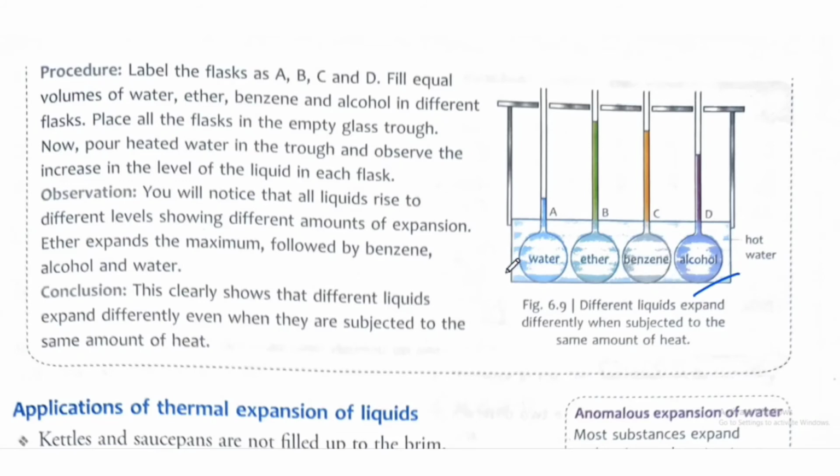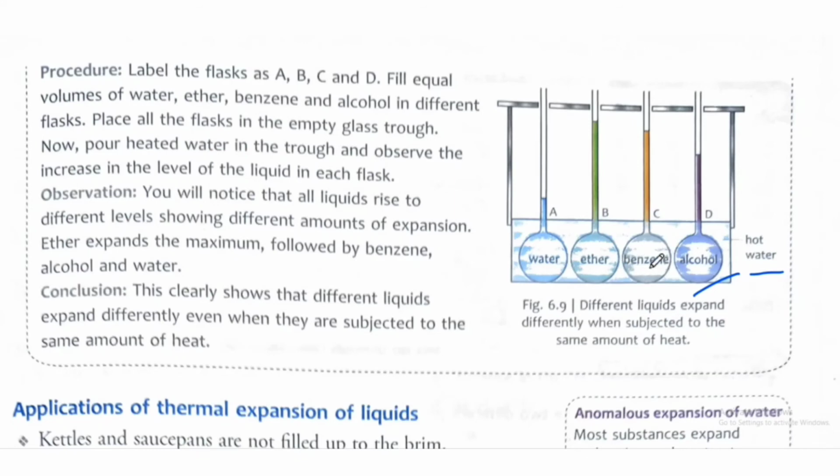And students, now these glass flasks are kept in a glass trough, and this glass trough is filled with hot water. And as the glass trough is filled with hot water, the liquids inside the four flasks will be heated. And when the liquids inside the flasks are heated, they will expand.